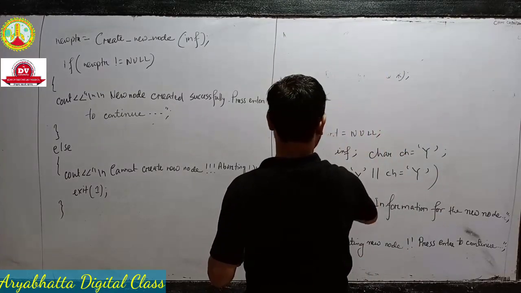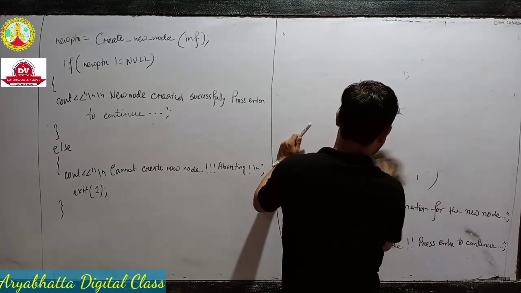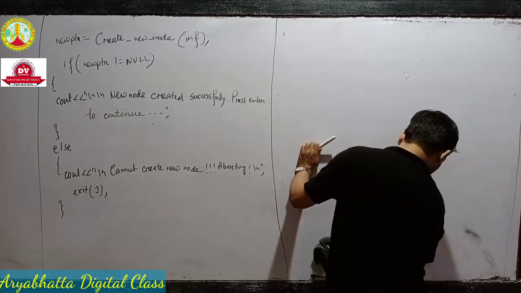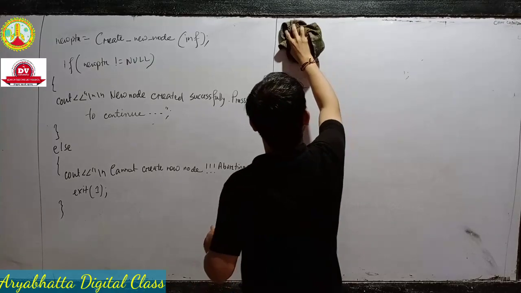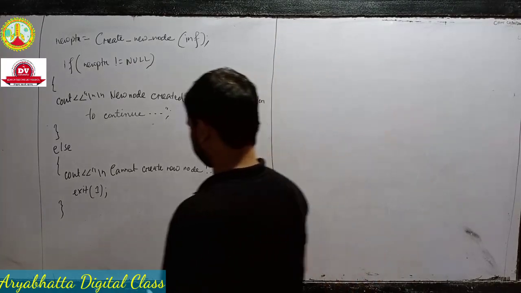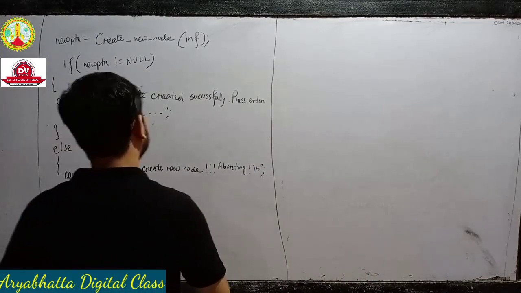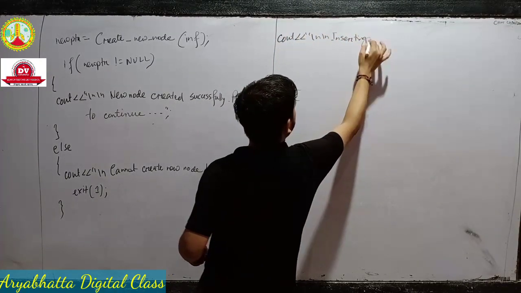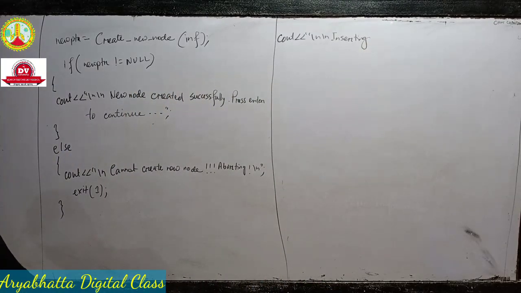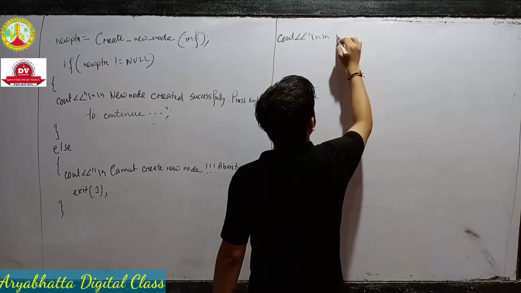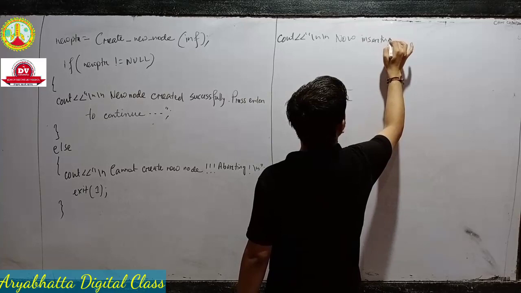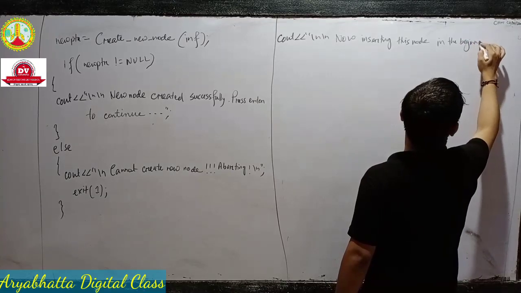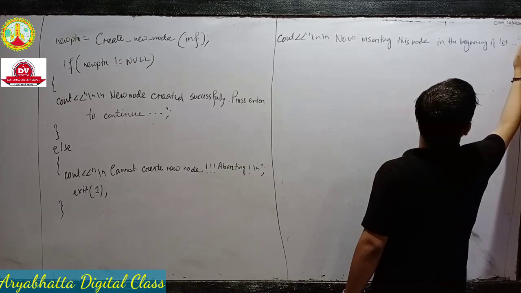After that, cout: inserting, now inserting this node in the beginning of list.